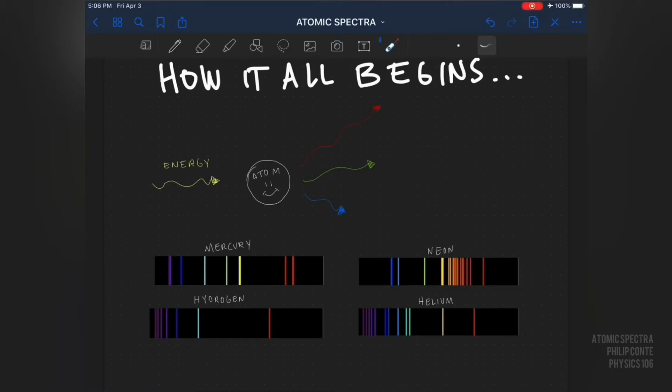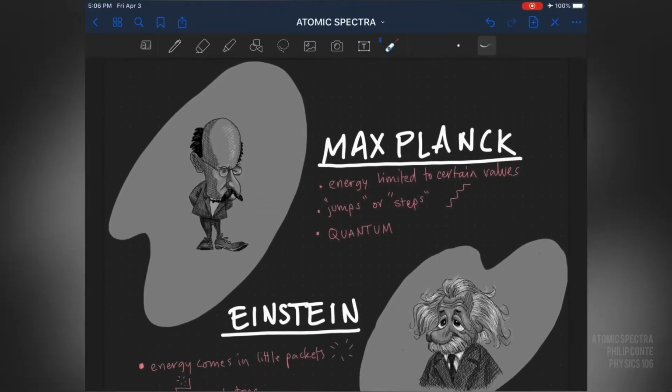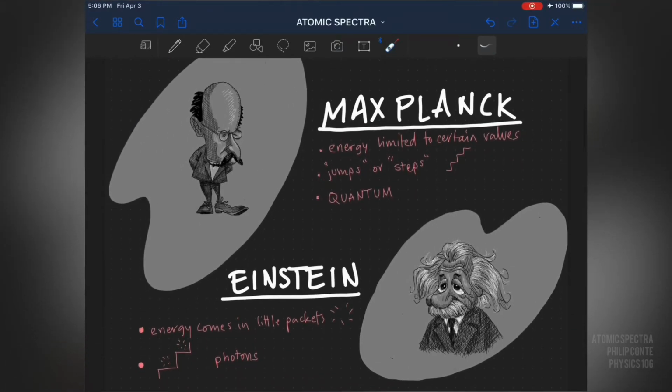That was a very quick overview, but to get a better understanding, let's dive into some history. The founding fathers of atomic spectra, so to speak, are Max Planck and Albert Einstein. Planck said that energy was limited to certain values and increases in little jumps. These little jumps are called quanta, and the word quantum is singular.